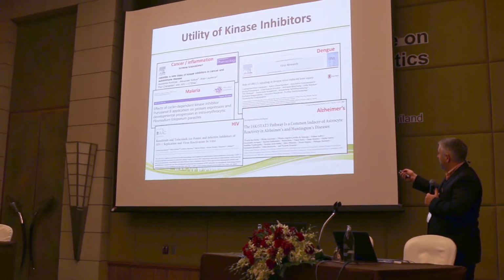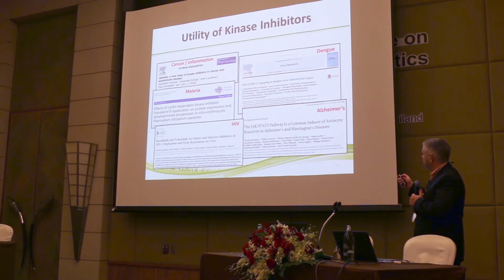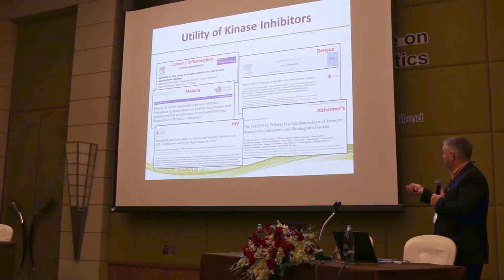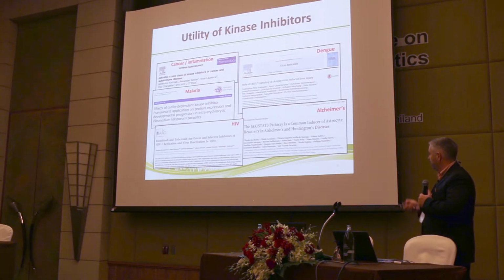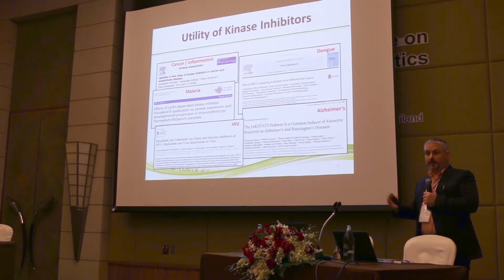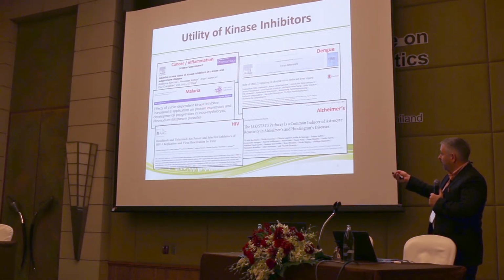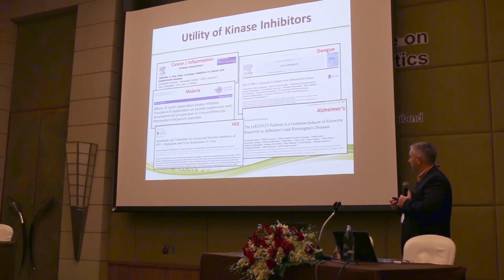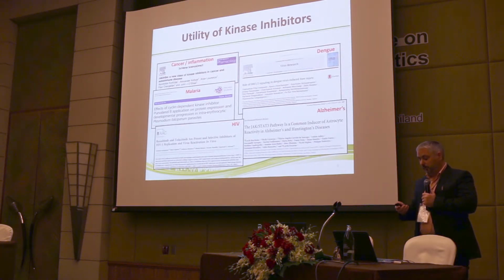ERK inhibitors function to reduce dengue virus injury, and there is JAK-STAT in Alzheimer's and Huntington's disease. So there is potential for using kinase targeted inhibitors at well-known cancer targets and inflammation targets for other uses.